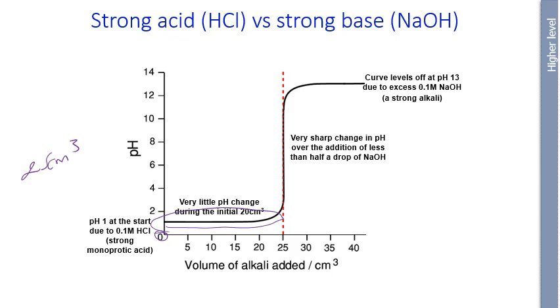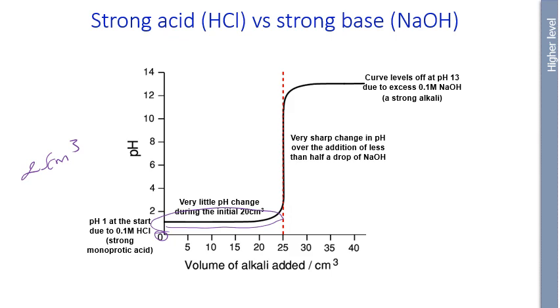It jumps straight up to around pH 12 or 13, and then it slowly levels off as you add a little more sodium hydroxide, another 20 centimeters cubed, and it stays at about the pH of 0.1 moles per decimeter cubed sodium hydroxide, as it is a strong alkali. So that's the curve for a strong acid versus a strong base.